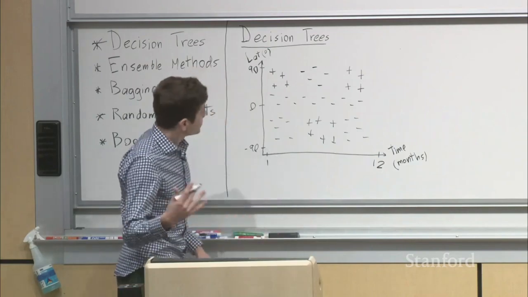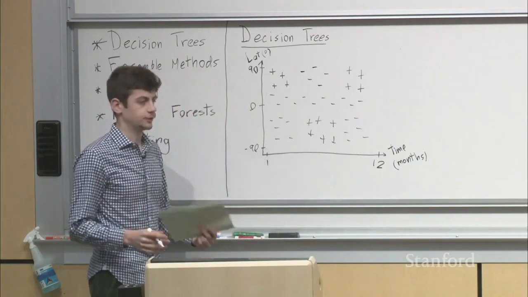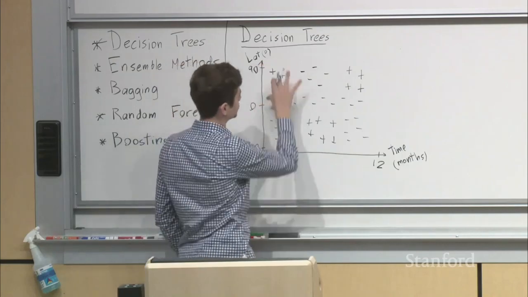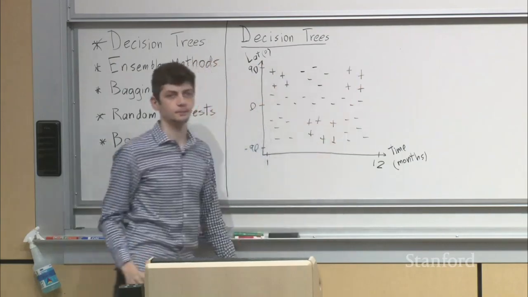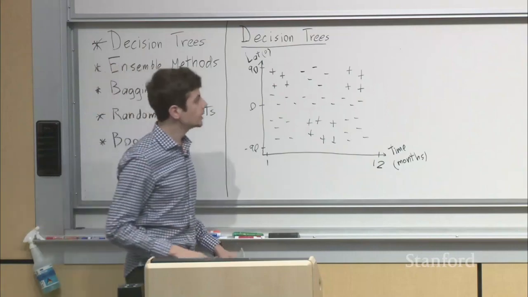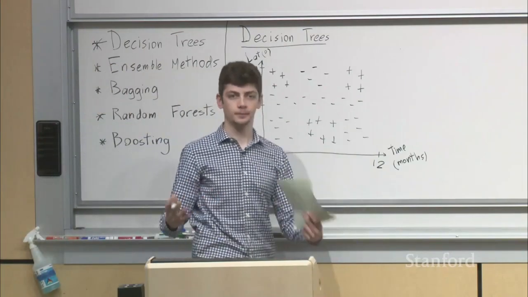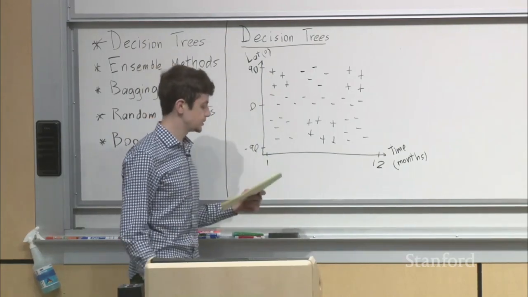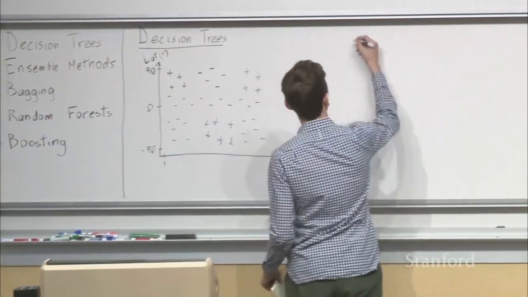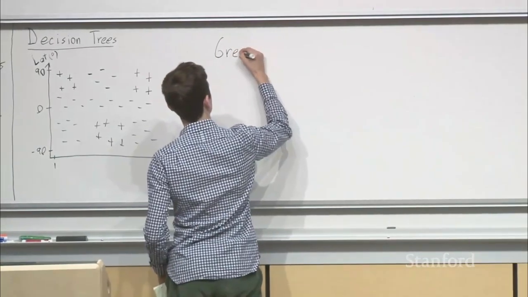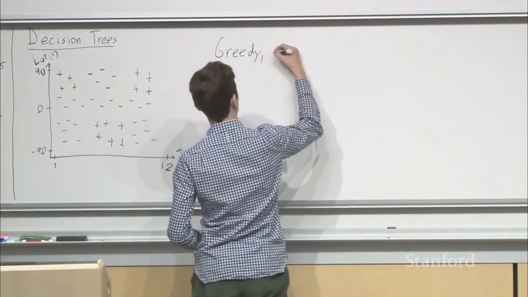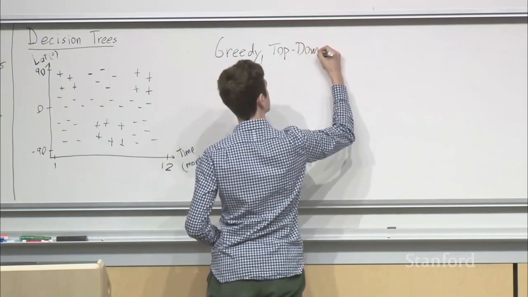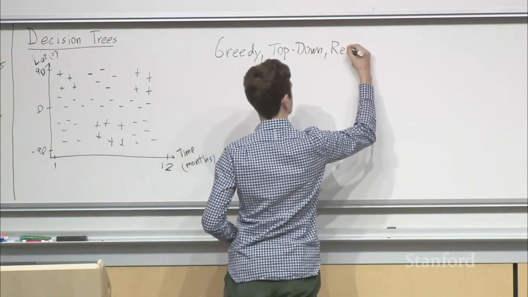To make clear exactly what we want to do with decision trees, we want to partition this space into individual regions, so we isolate out these positive examples, for example. In general, this problem of coming up with the optimal regions is fairly intractable. But how we do it with decision trees is in a greedy, top-down, recursive manner.